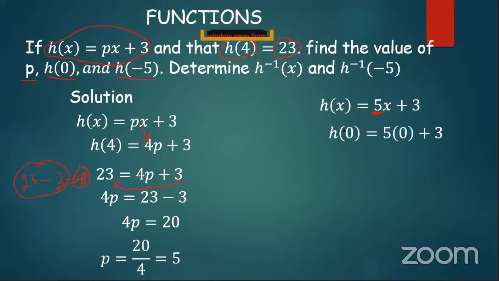So h of 0 is equal to, where there is x, we substitute 0, and we add a 3. So h of 0 will be equal to 5 times 0, which is of course 0, plus 3, and that would give us 3 as our answer.